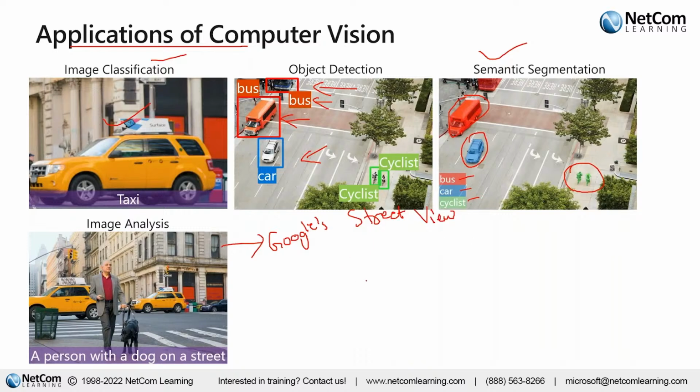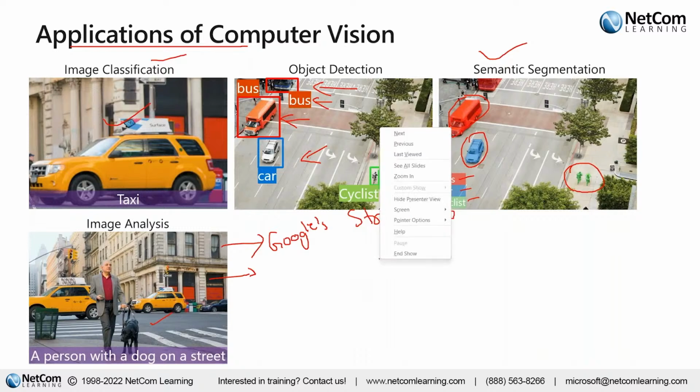Image analysis is a way in which you can create solutions that combine machine learning models with advanced image analysis techniques to extract information from images, like tags, right? That would help catalog the image or even describe the image. If you see here, looking at this image, the model infers that it's a person with a dog on a street. That's how this works, which is called image analysis.